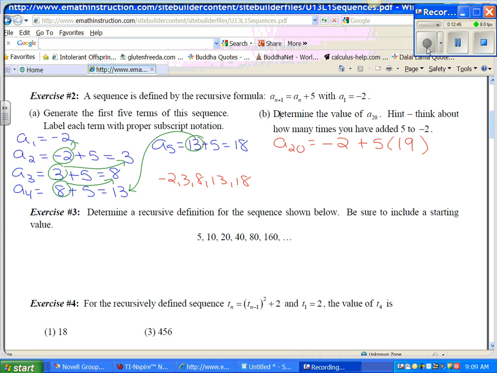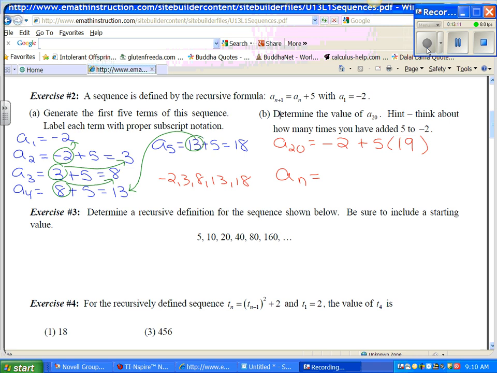So there's a general formula here. Anybody think they know what it is? A sub n, because I want the current term, whatever that current term I'm looking for is, right, equals, is it -2 all the time in every single recursive definition I have?